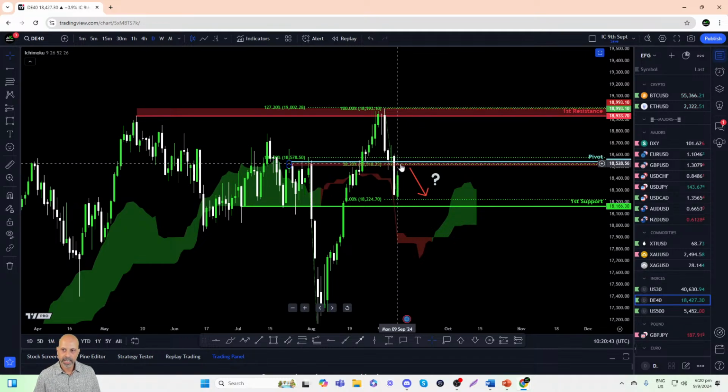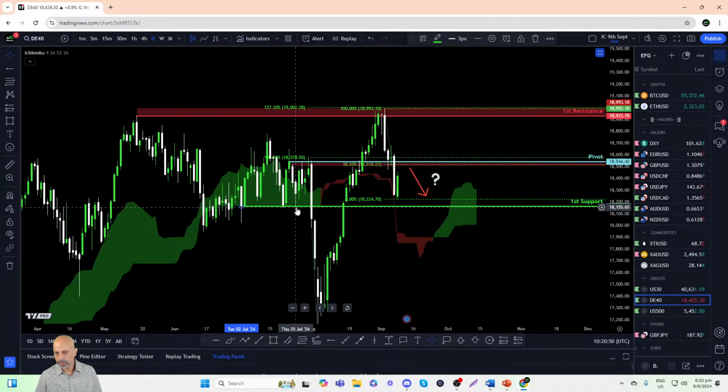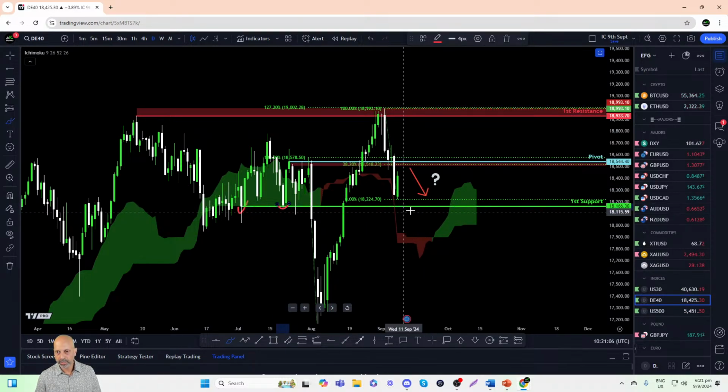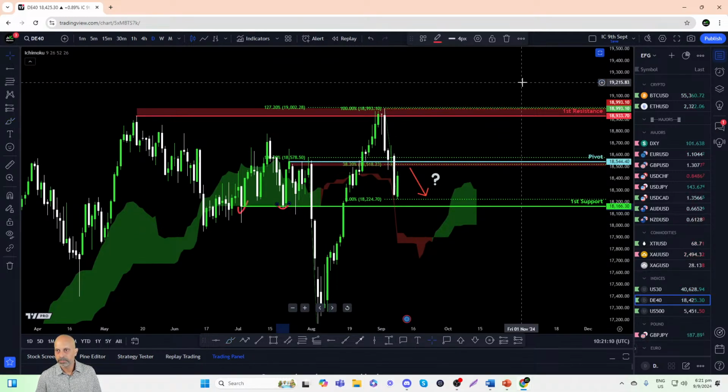So if we do see the DAX stall around the pivot and reverse to resume the downtrend, it could potentially fall all the way down towards this pullback support level here, or a swing low. It's a multi swing low that took place on 2nd of July and then on the 22nd of July as well, right? Nice multi swing low support here and here. So this is where the DAX could once again stabilize should it hit the pivot and reverse to drop lower.